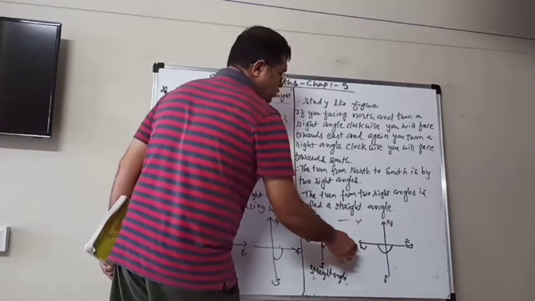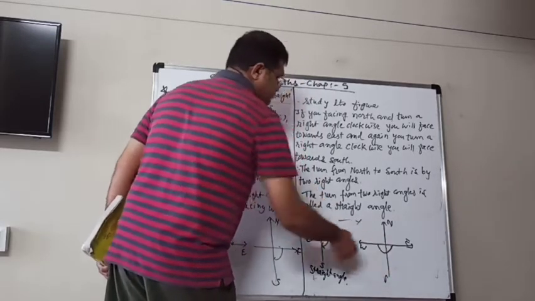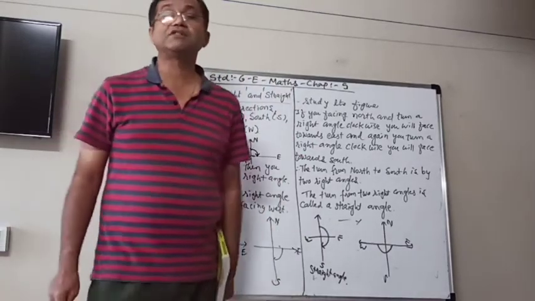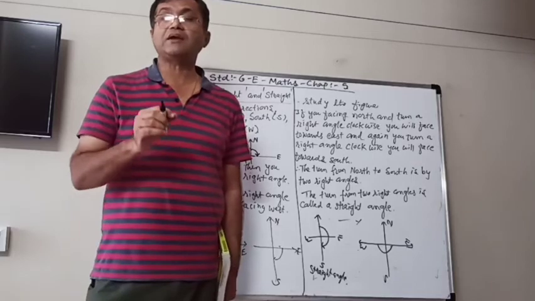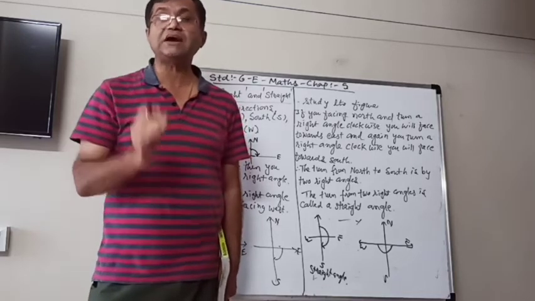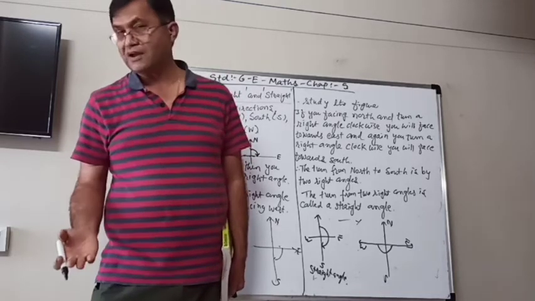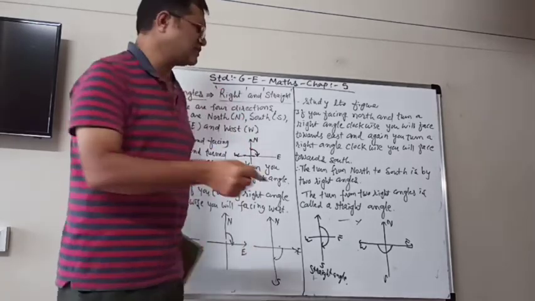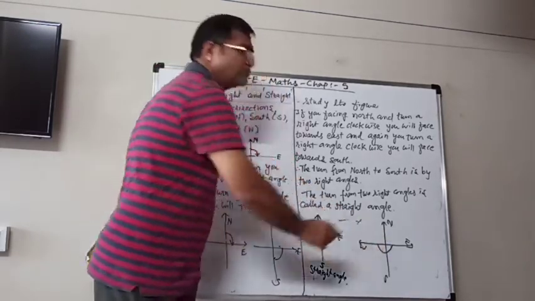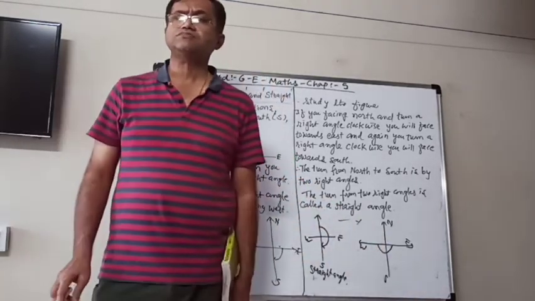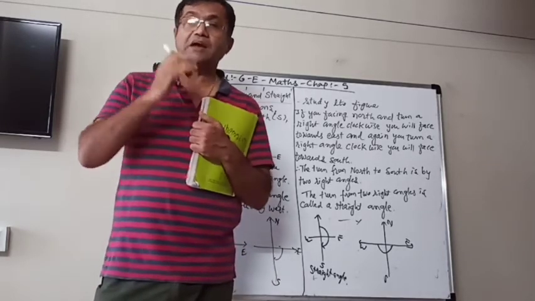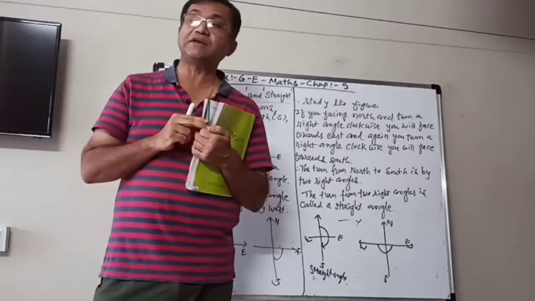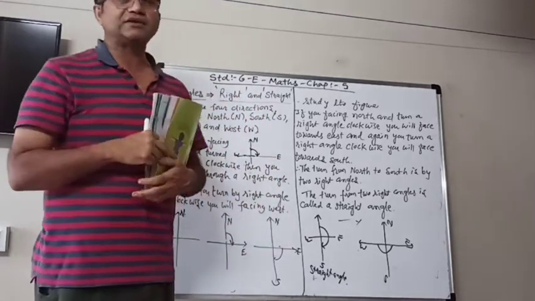Here also you can see that the angle made is known as the straight angle. So whenever we turn, either clockwise or anti-clockwise, if you move two right angles, then it is known as a straight angle.